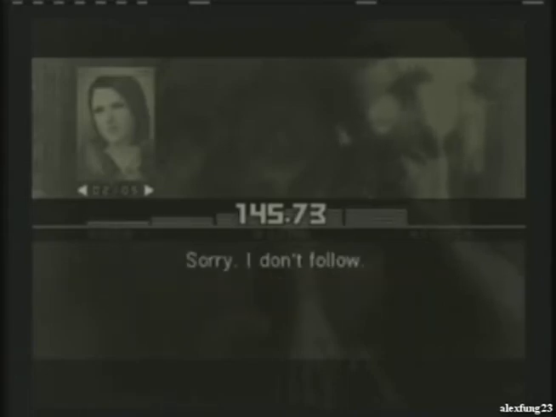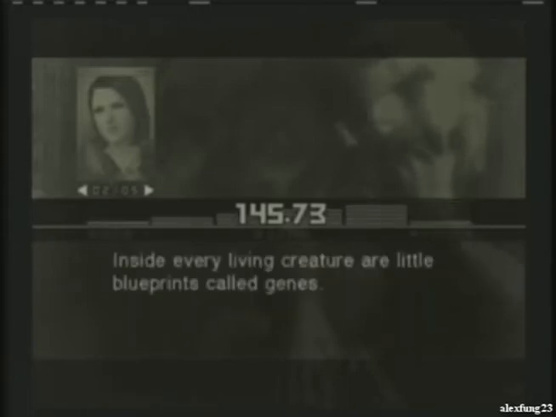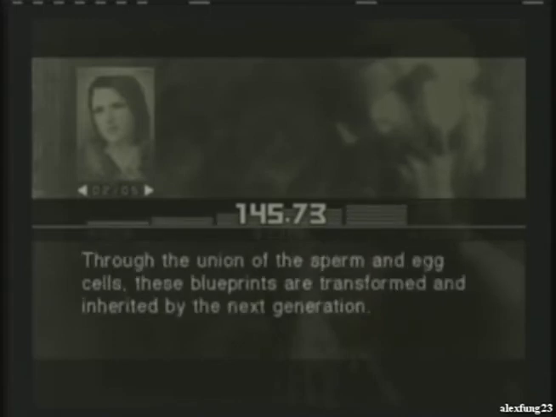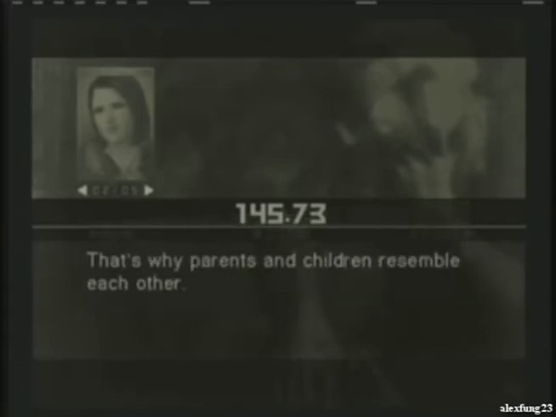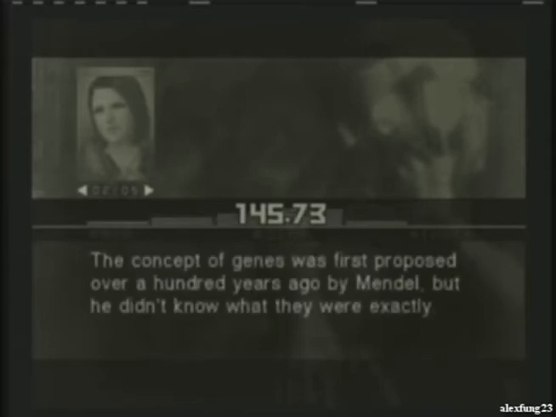Sorry, I don't follow. Inside every living creature are little blueprints called genes. Through the union of the sperm and egg cells, these blueprints are transformed and inherited by the next generation. That's why parents and children resemble each other. The concept of genes was first proposed over 100 years ago by Mendel, but he didn't know what they were exactly.